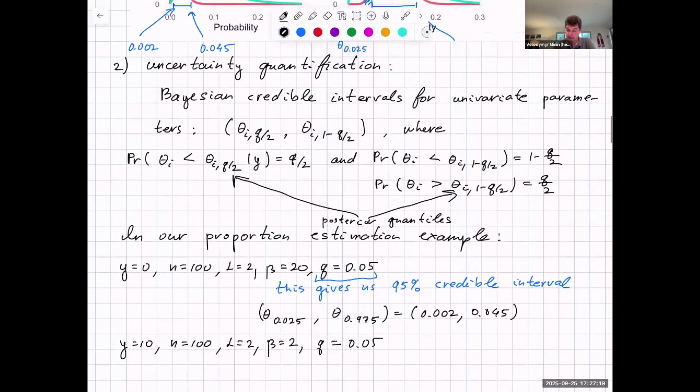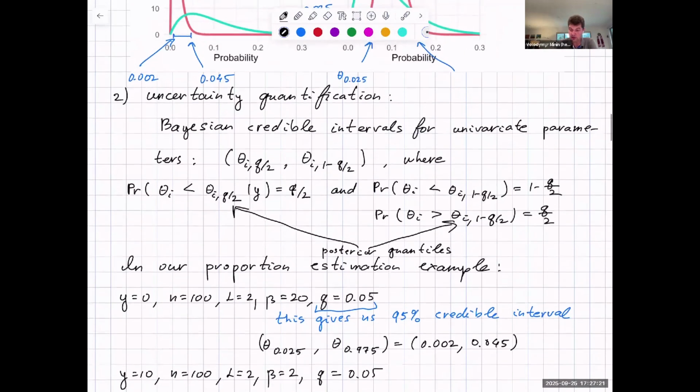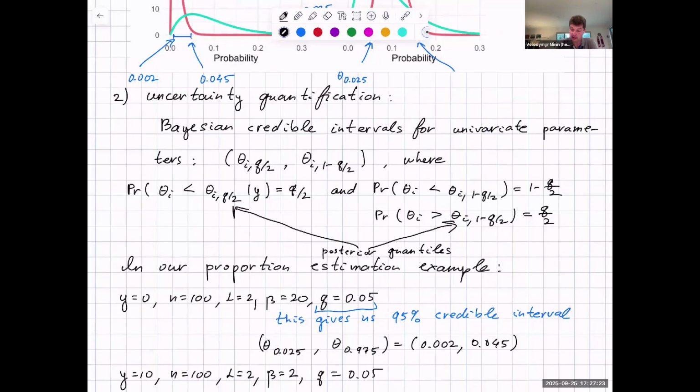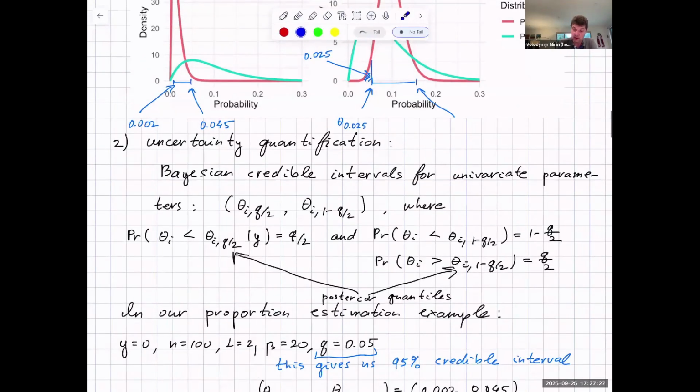And what it says is that according to our posterior distribution, the posterior probability of theta falling between these two numbers is 95%, right? Because I have 2.5% on the left, 2.5% on the right. So in the middle, what is left is 95%. So that means my posterior belief now about this parameter is that it should be somewhere between 0.0002 and 0.045.